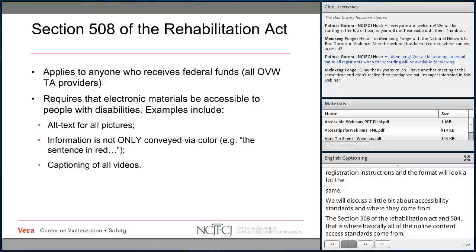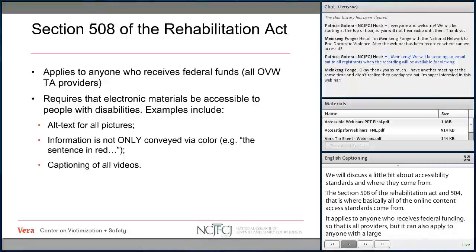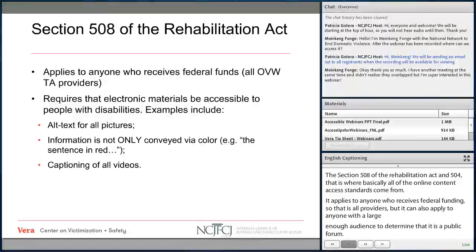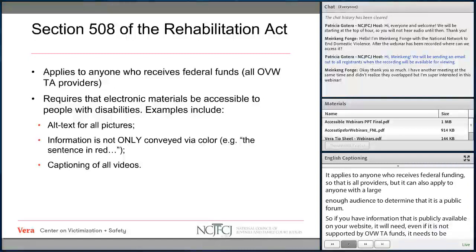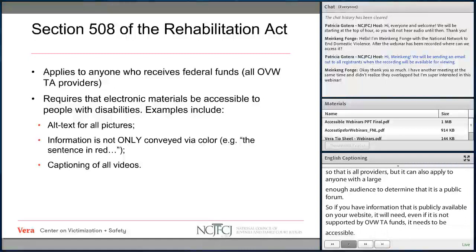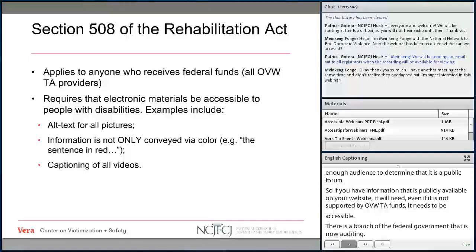So if you have information that is publicly available on your website, even if it's not supported by OVW funds, it's still going to need to be accessible. There is a branch of the federal government that is now auditing this. So we just want to be cognizant that you might receive a letter saying, hey, this isn't 508 compliant, and you may need to address it.